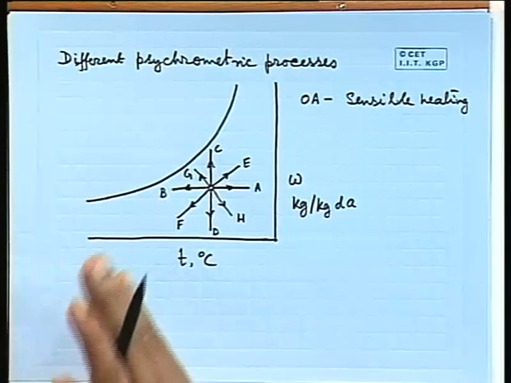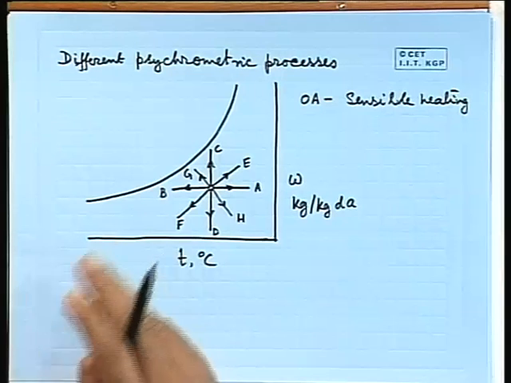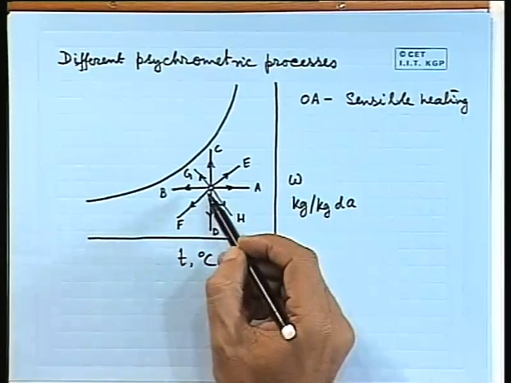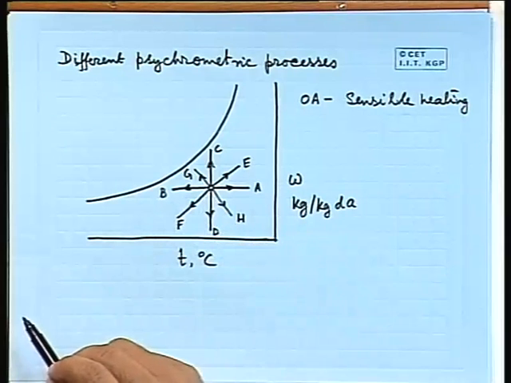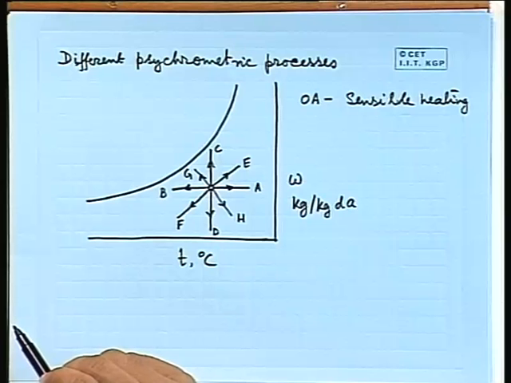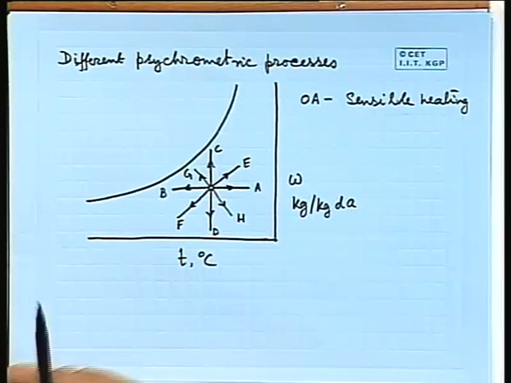If we go for OF, we have cooling plus dehumidification. Then if we go for OG, we have cooling plus humidification, and finally, if we have OH, then we have heating plus dehumidification.